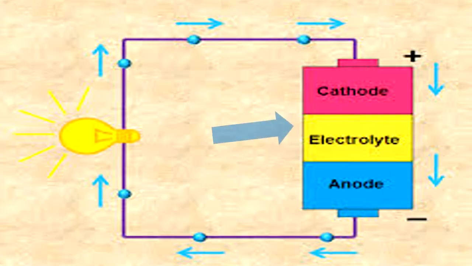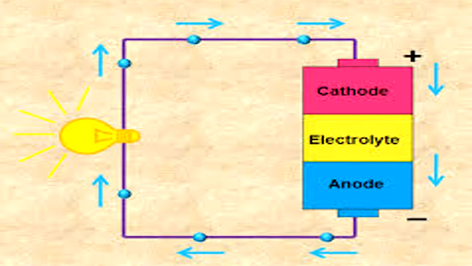Due to some chemical reaction within the electrolyte, a number of electrons are generated and start accumulating near the anode. This excess number of electrons in the anode want to rearrange themselves, and for that they want to travel from anode to cathode through the electrolyte. But the electrolyte doesn't allow the flow of electrons through it.